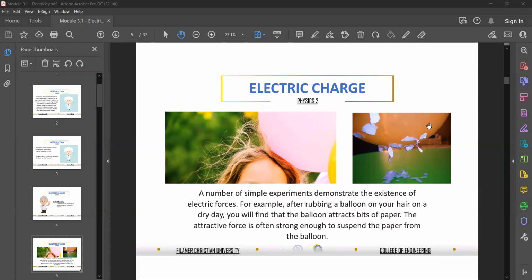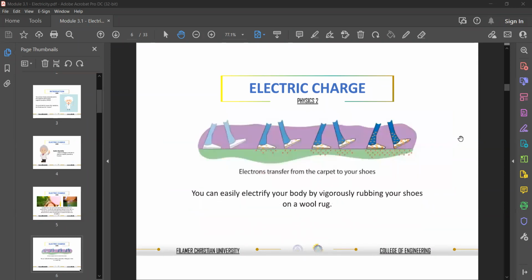Try nyo isuklay sa inyong buhok, dry, and then ilapit nyo siya sa bits of paper. Eventually you observe that the bits of paper are attracted to the balloon or to the comb. So this is just an example of how electric forces exist.